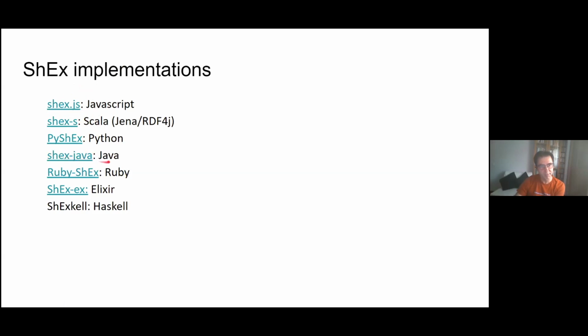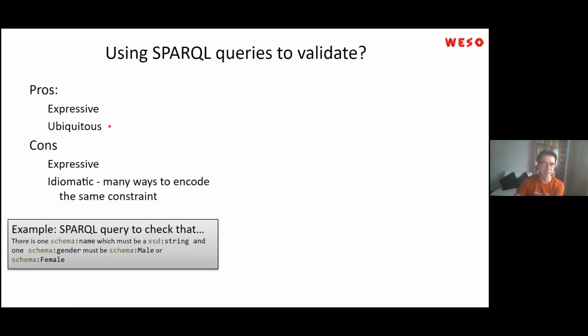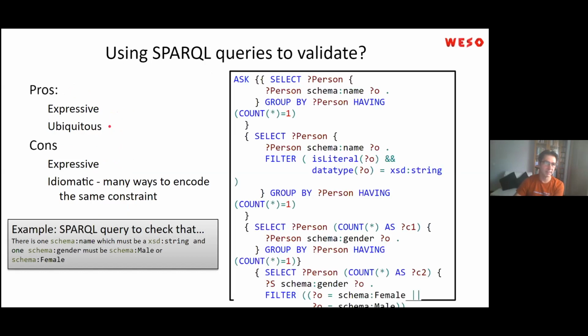The Java implementation was done by Jovka Boneva, and there are others in Ruby, Elixir and Haskell. So if you have any question about ShEx, you have the key people here, Harold and Eric, to ask. And I think that's all.